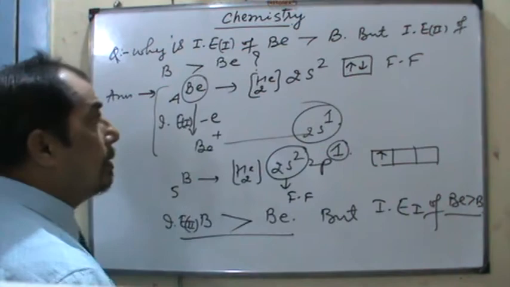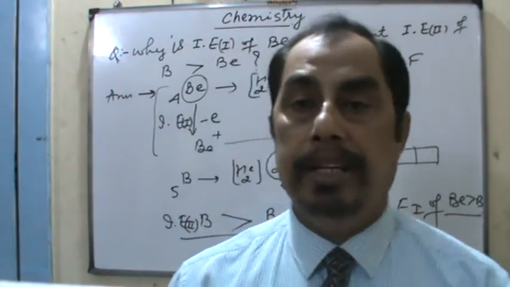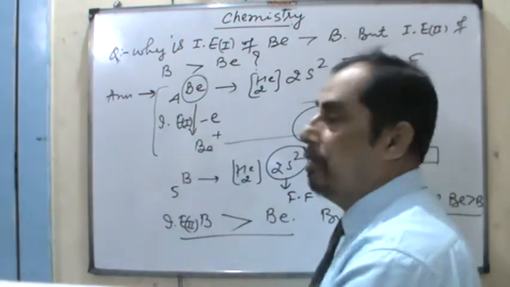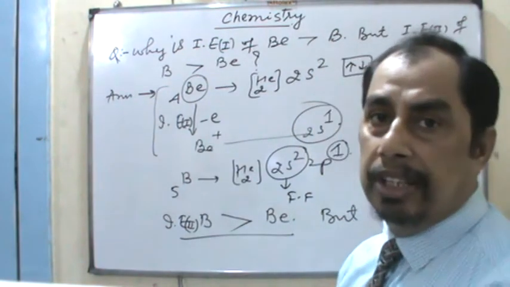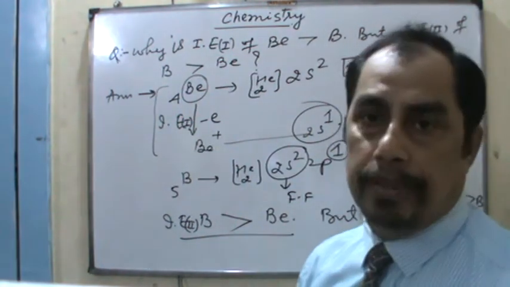Actually, it is the structure of the electronic configuration. Right, I hope I have made it clear to everybody. Only see the configuration and then you can explain such kinds of questions.